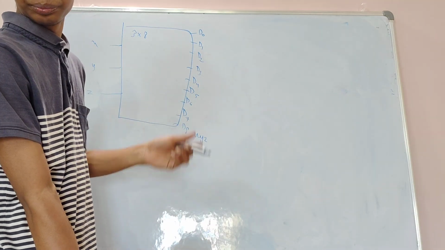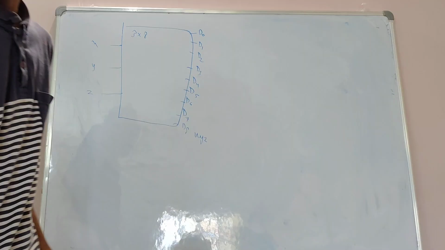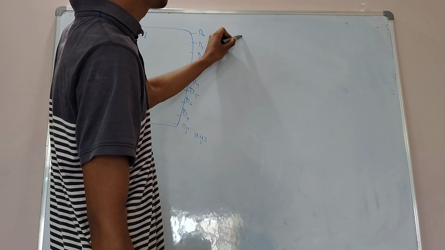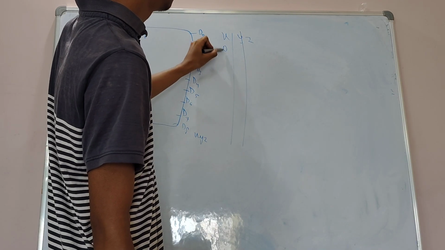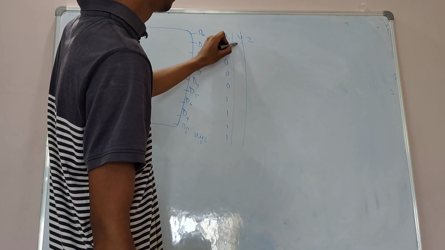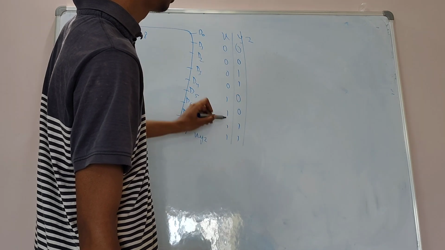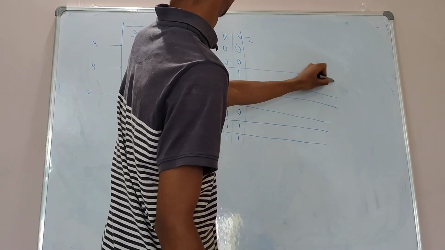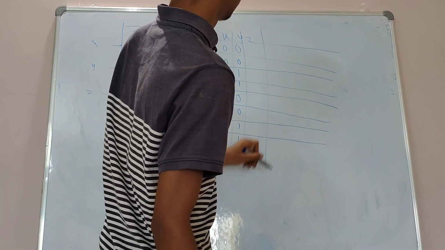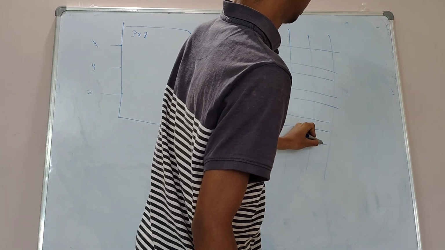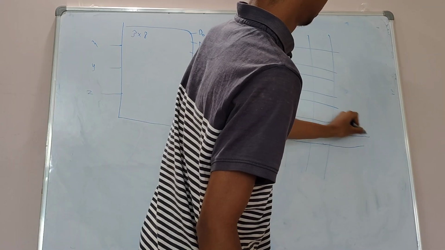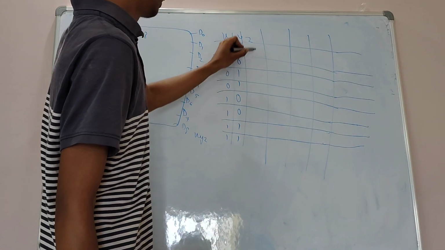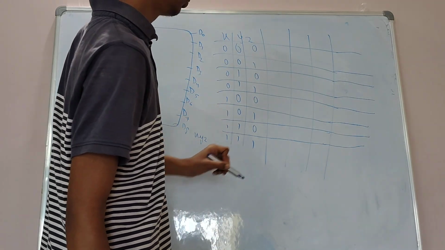So what I will do, right? Suppose I am having my x, y, z as 0, 0, 0, 0, 1, 1, 1, 1, 0, 0, 1, 1, 0, 0, 1, 1. Let me make a table like this also. And this is 0, 1, 0, 1, 0, 1, 0, 1.